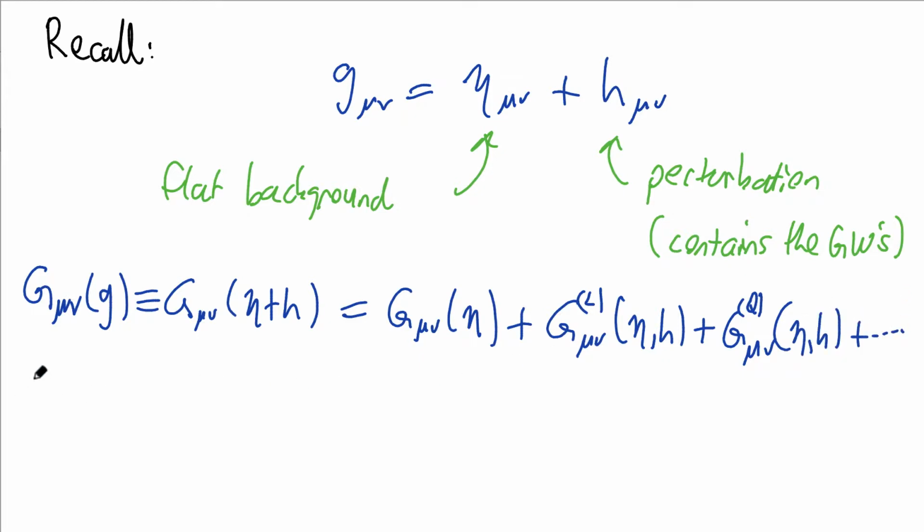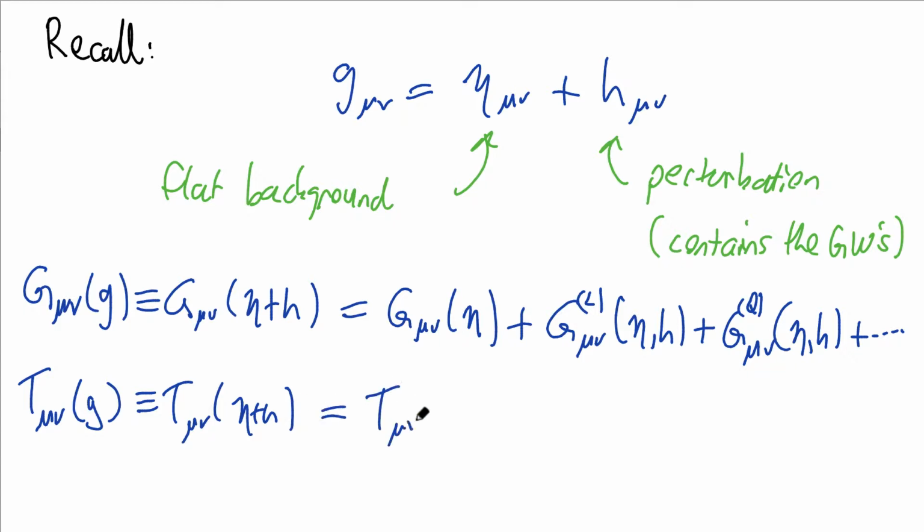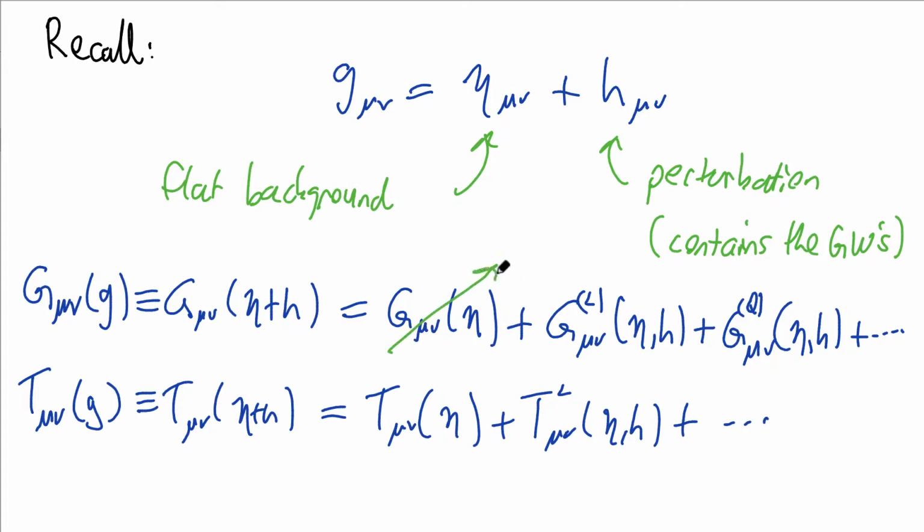We also considered the expansion of the stress energy momentum tensor for the matter fields. So this depends on the metric as well as matter fields. So this is T_μν of η plus h, which in the expansion becomes T_μν of η plus a linear term in h plus quadratic and higher order terms. Since the background metric is flat, of course G_μν of η vanishes.